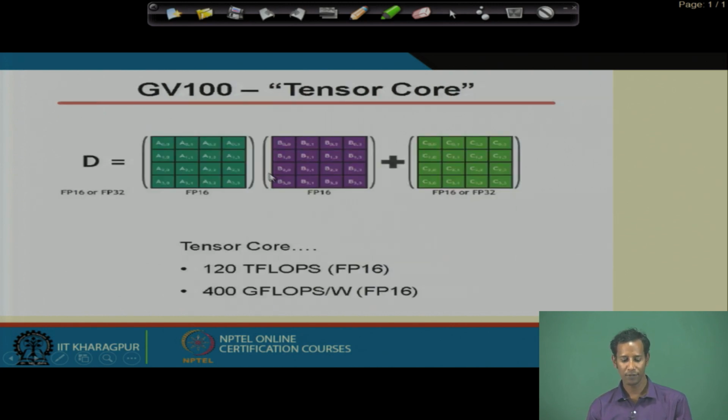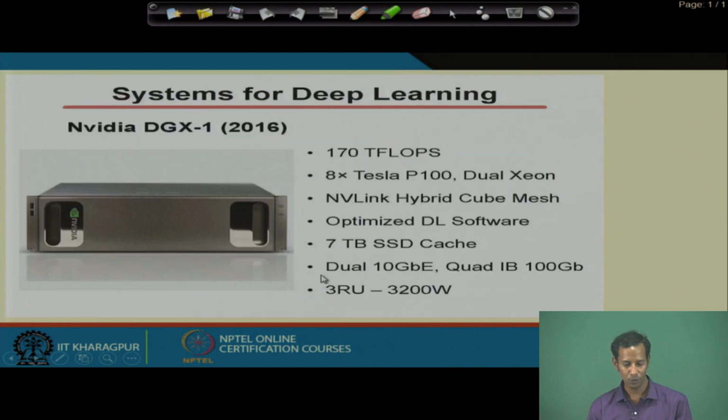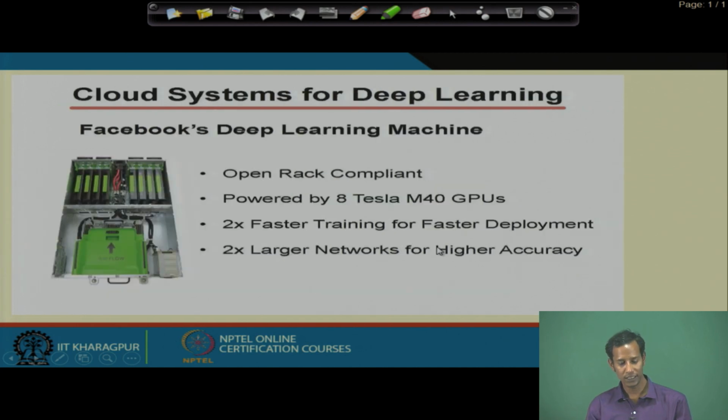Then the GV100 tensor core can do 120 teraflops of operation. Then the NVIDIA DGX-1, developed in 2016, has 170 teraflops. That means all these deep learning processors come with huge processing capability.